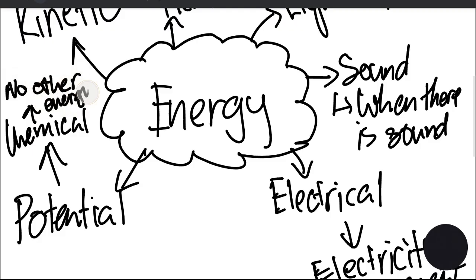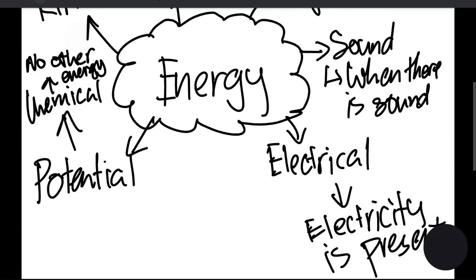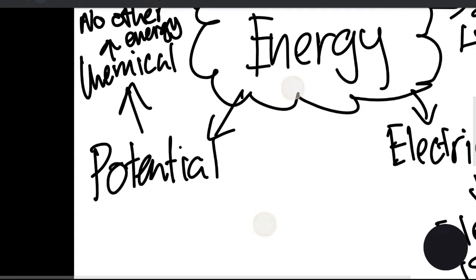Basically, like before you want to do something with it. Example, like your food. You want to eat your food, but before you do that, it has chemical potential energy, which is like you're gonna do something with it, but it doesn't really have energy as like you are the one that is affecting it.